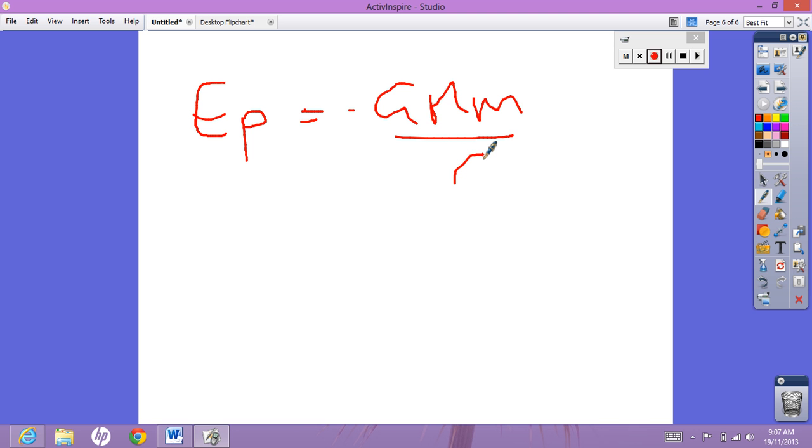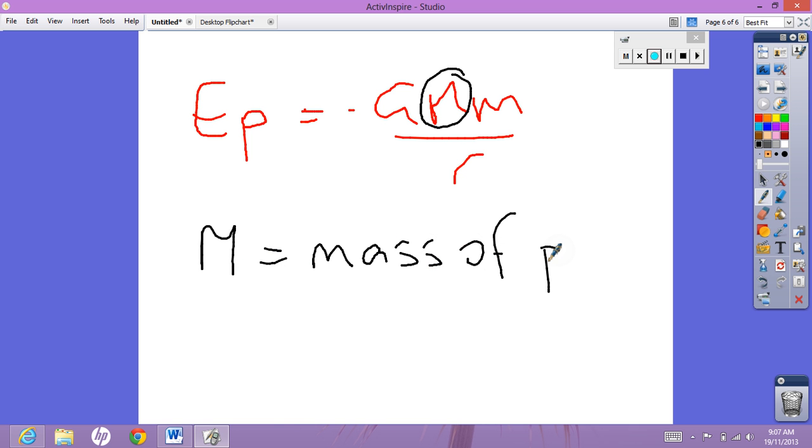And the two M's are the important part. The first M is the capital M, and it's the mass of the planet. And the second m is the mass of the object, which is going to achieve escape velocity. So this is the mass of the object.